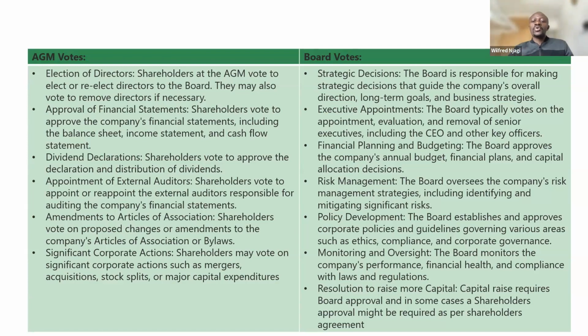That means every time you are revising your remuneration policy, that subcommittee should be able to approve or have a voice on that, right? Then monitoring and oversight. Again, the board should be able to monitor your overall performance, the financial health, and your compliance.